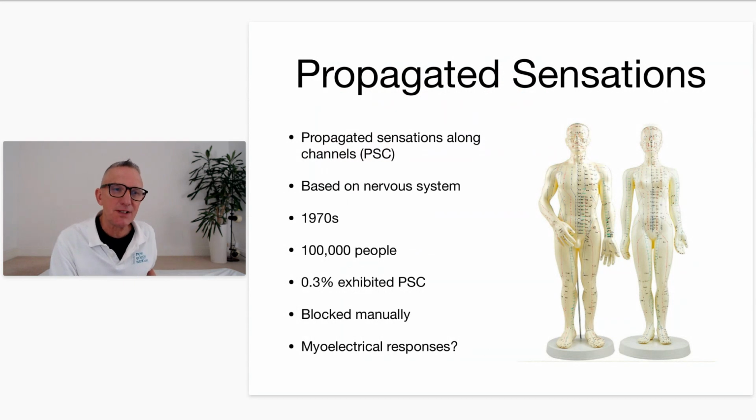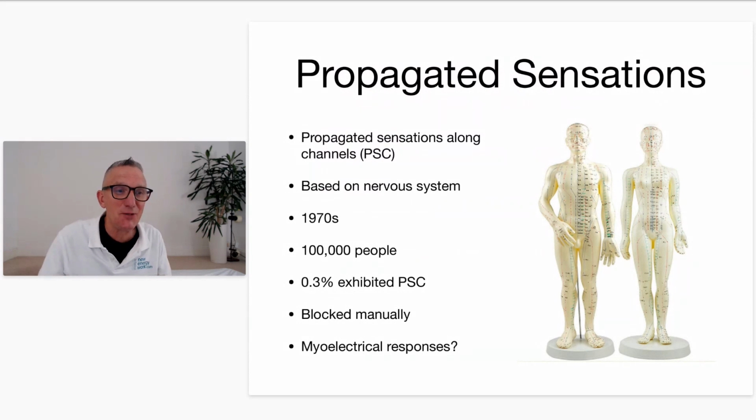They thought it was the nervous system at the time, and they thought what was happening was that nerves would be activated. This was in the 70s. Nerves were really big in China. And they thought that they would be able to trace the propagated sensation up the channels and show that the subjective experience of stimulating acupuncture points could be shown to go up the actual channel locations, right?